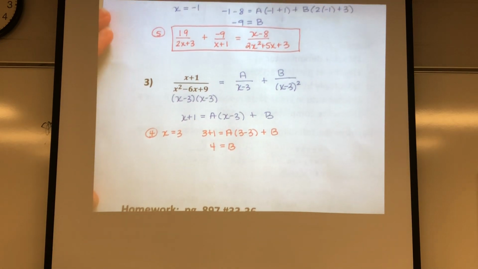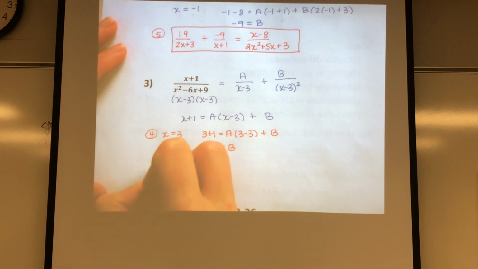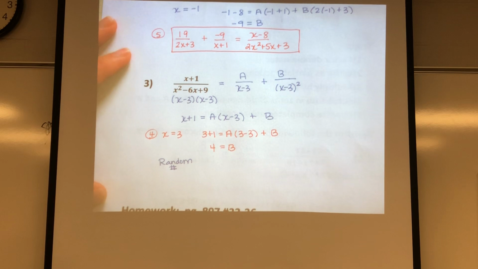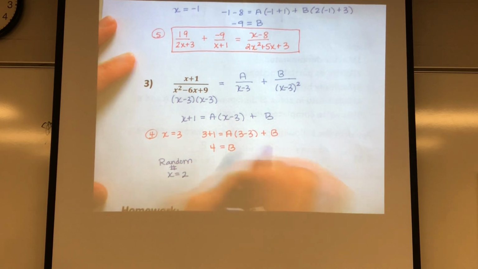So all of that is fine and good, but we don't know what A is. So on this one, and only this one, you're going to pick a random number. Could be anything, but I'd keep it simple. Let's use 2, for instance.